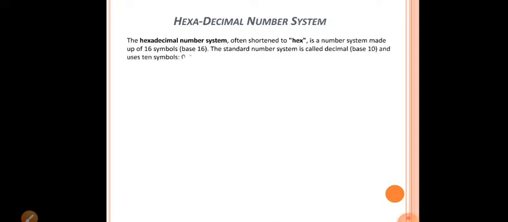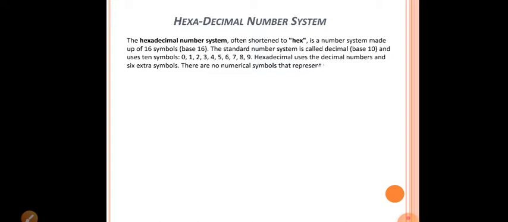The standard number system is called decimal, base 10, and uses 10 symbols: 0, 1, 2, 3, 4, 5, 6, 7, 8, 9. But hexadecimal uses the decimal numbers and 6 extra symbols. There are no numerical symbols that represent values greater than 9. That means I have not made any special symbols.